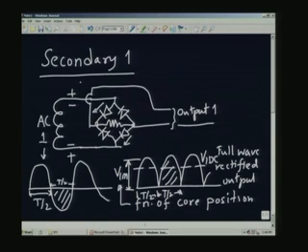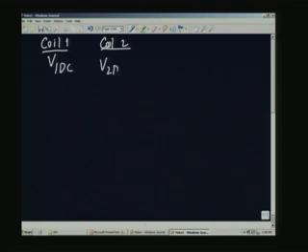So, now let us look at the way it is going to look when you look at both. So, you have V1 DC, this is coil 1, and coil 2 will give you V2 DC. This is the second coil.